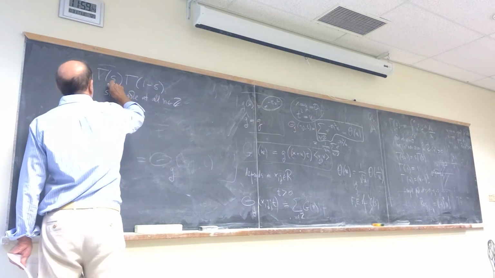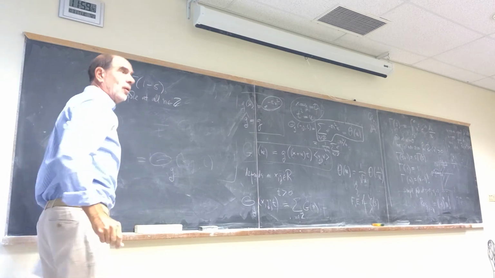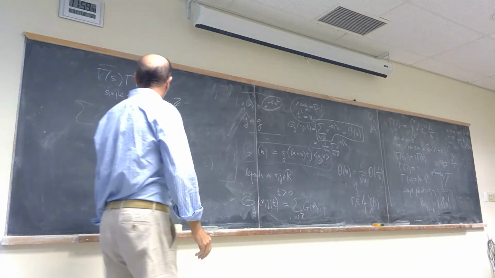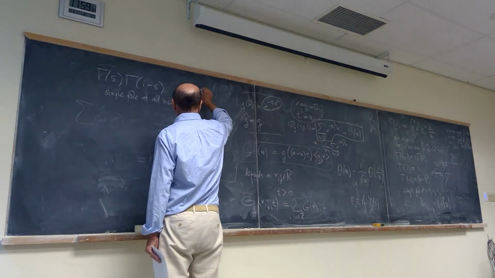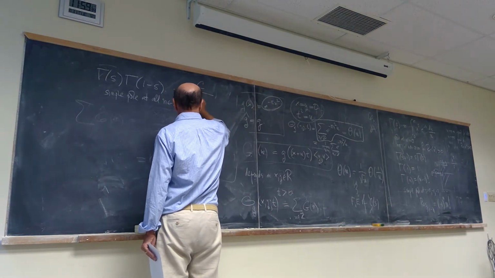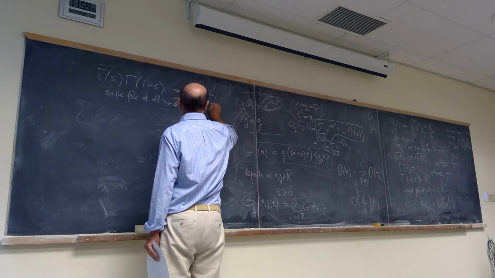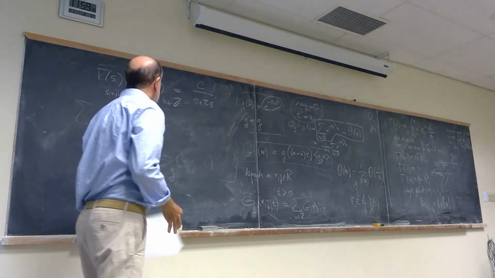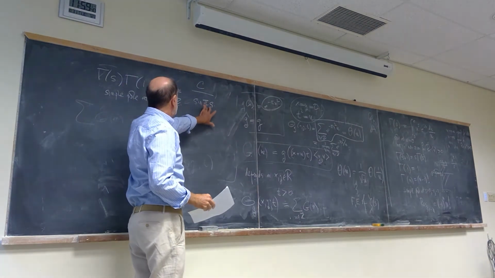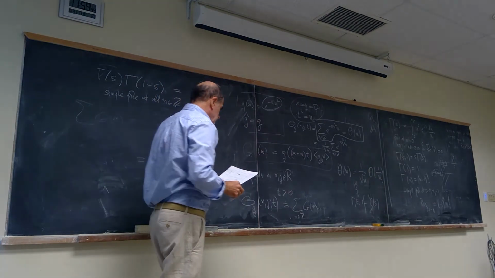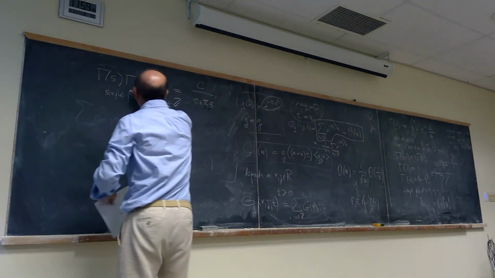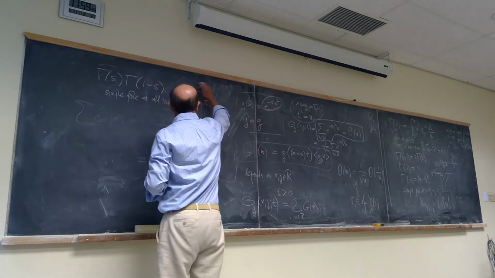I mean, this has poles at the negative integers, therefore this has poles at all the positive integers. And you knew a function that had a simple pole at all integers. Namely, any constant over the sine of pi s has the same property, because whenever the sine is 0, that would work. And Euler proved by calculating the limiting value of this at one point that the constant was pi.